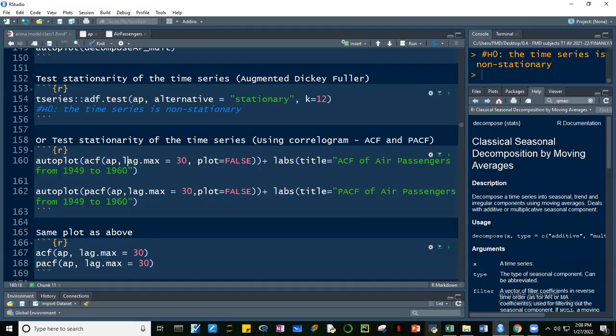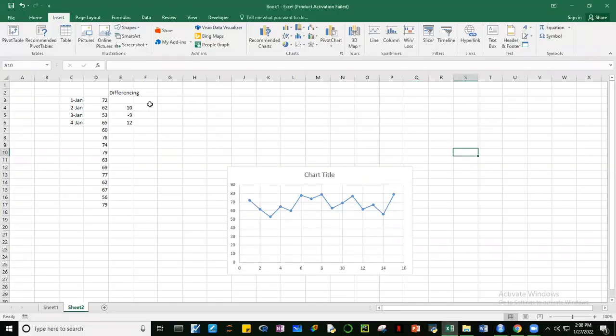Okay, illustrate ko lang. Ito yung data natin, di ba? At saka kukunin niya yung time t minus 1, itong data na to. So this data at saka yung data na to, kukunin niya yung correlation. That's lag 1.